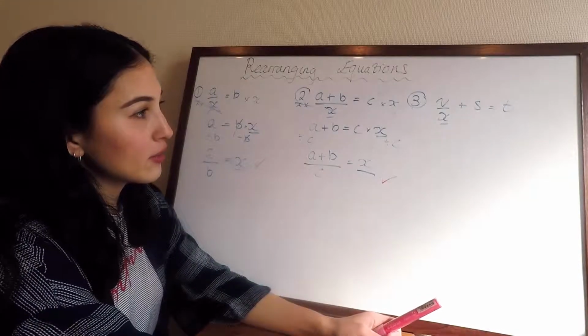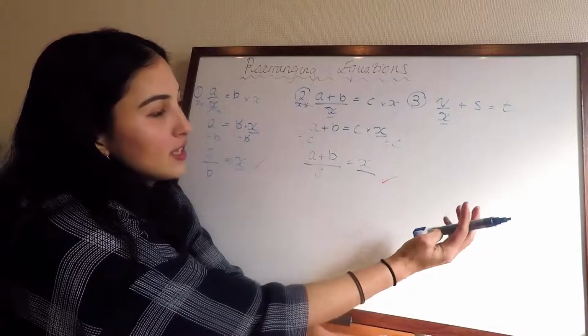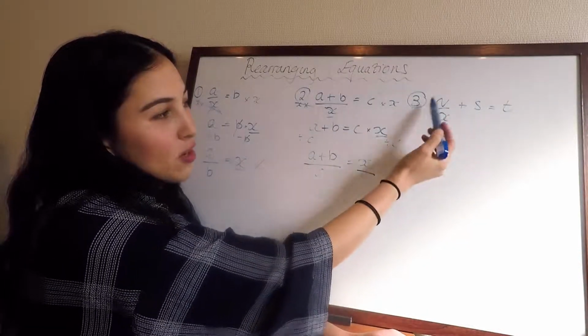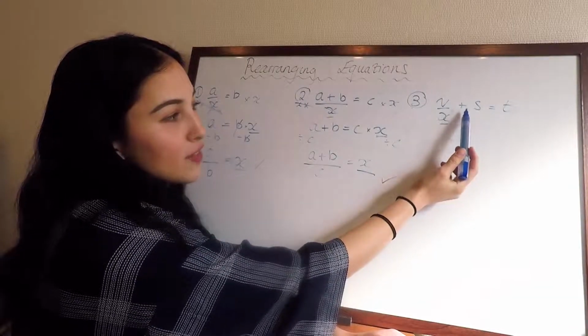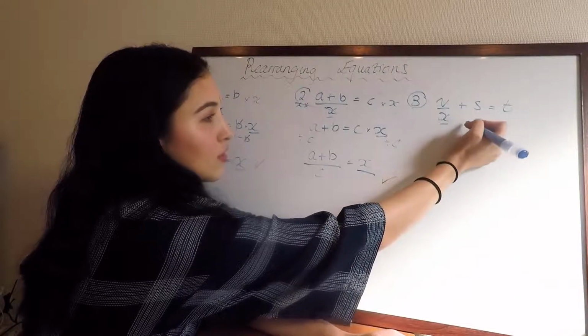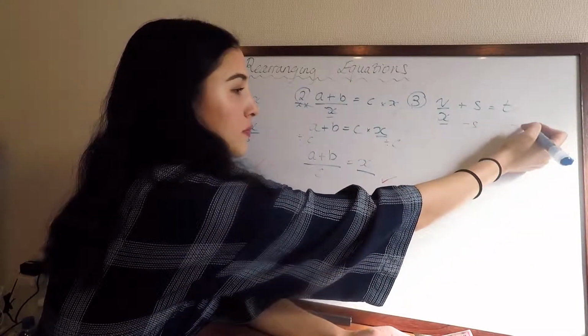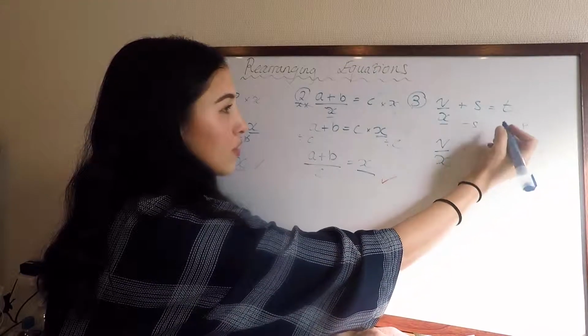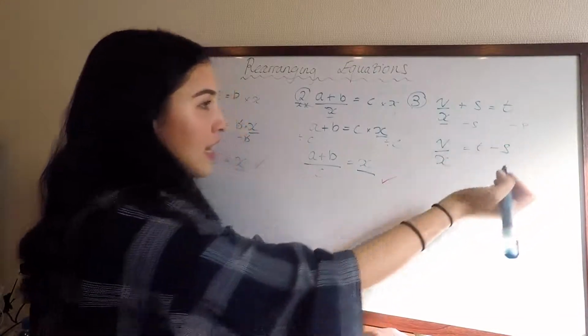Okay, so 3, here we go. We have x here, but this isn't a times-divide situation, so we can't quite touch that yet. But we have this plus s, which is much easier to get rid of. So we're going to subtract s from both sides. So we have v over x is equal to t minus s.